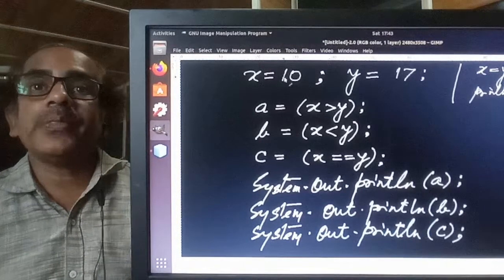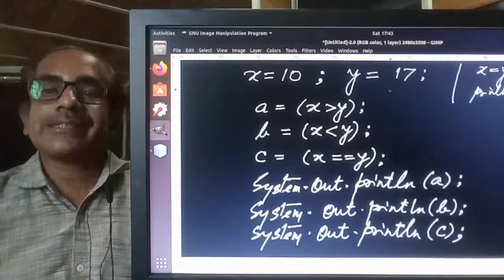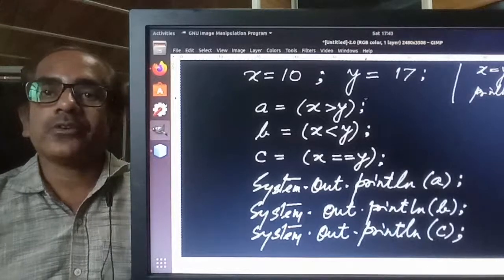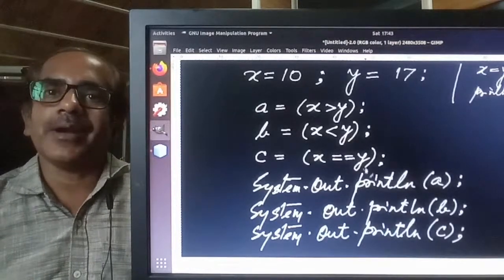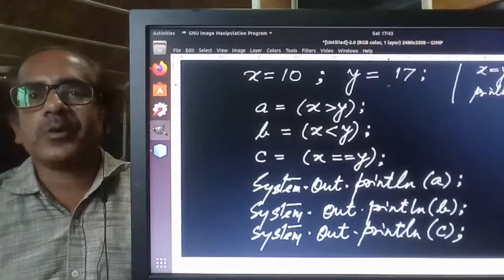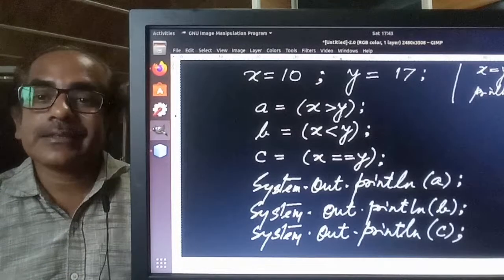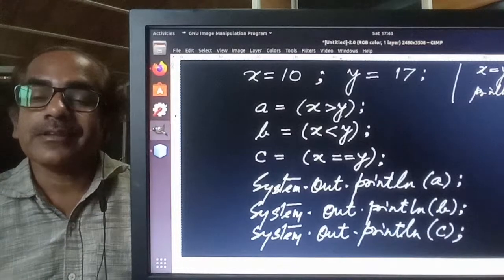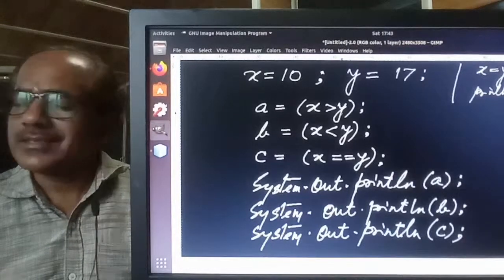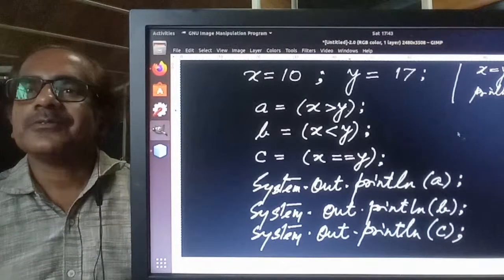Now with these values, x equal to 10 and y equal to 17, what are we going to get in printing? Is x greater than y? This is the question. This is a test. Is x greater than y? Certainly not. So a will get false.